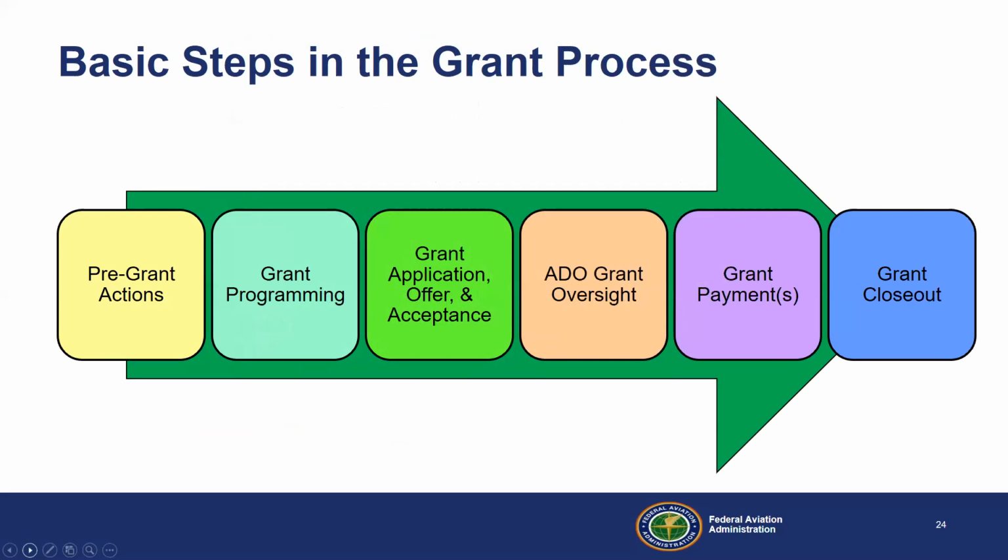We have a lot of pre-grant actions, which is where we are right now in federal fiscal year 21, talking about getting things ready and preparing for our program. Fingers crossed that we get an appropriation soon so that we can move to the next step, which is grant programming, and then grant applications and offers, acceptance, our oversight, grant payments, and grant closeout.